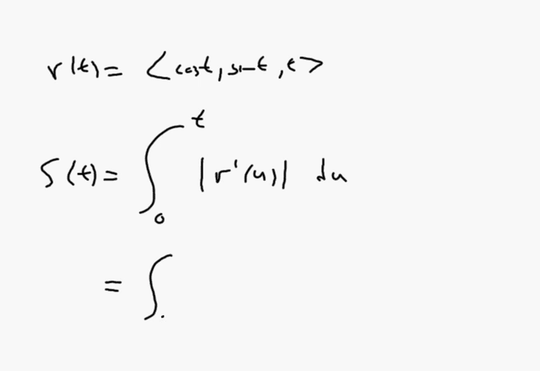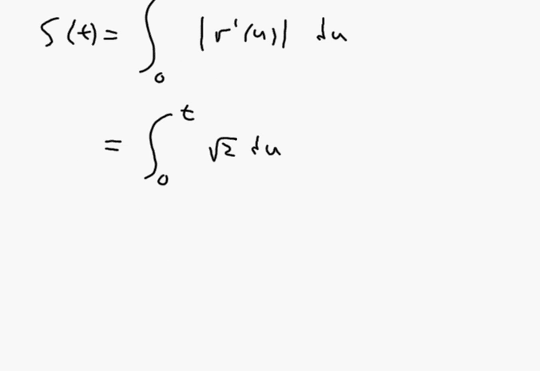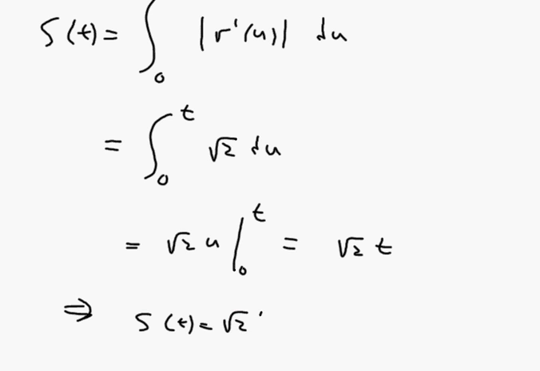So this becomes the integral from 0 to t of rad 2 du. And then that's going to give you rad 2u evaluated from 0 to t. But that's just going to give you rad 2t. So I kind of skipped all the steps there, but I can. So I know that s of t equals rad 2 times t. This is the arc length function for the helix.